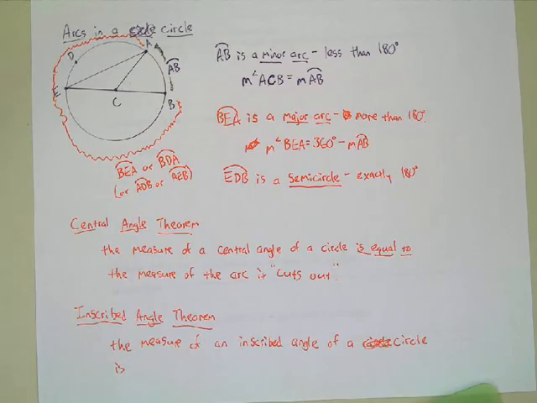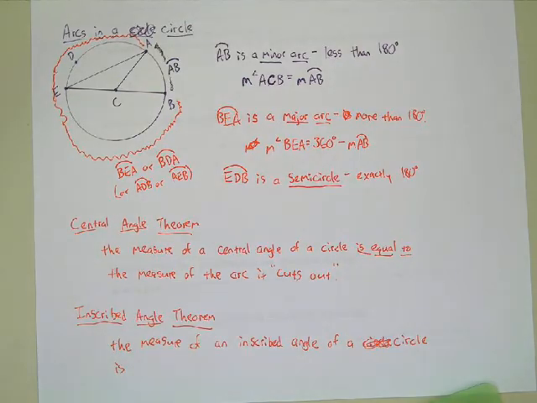Now, again, if AB is 50 degrees, that means the central angle here is 50 degrees. But does it look like the inscribed angle is going to be the same as the central angle here? No. In fact, it looks smaller, right? Anyone want to guess how much smaller? Half. Half, exactly right.